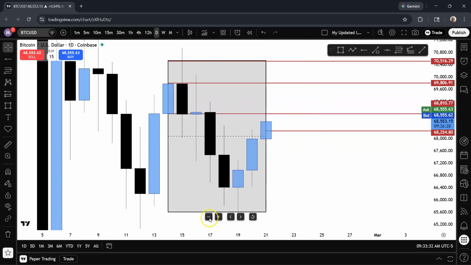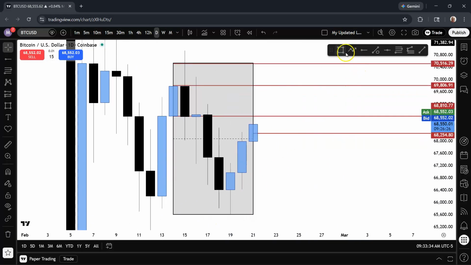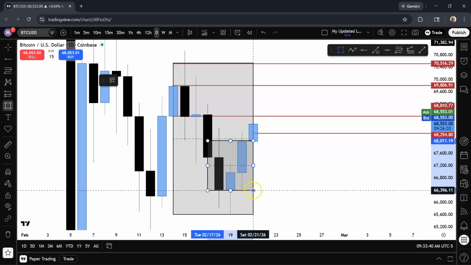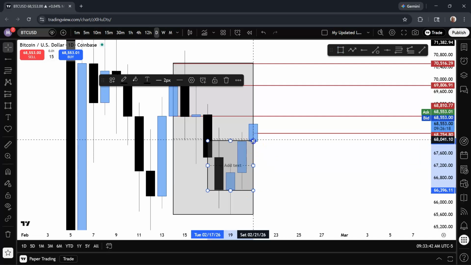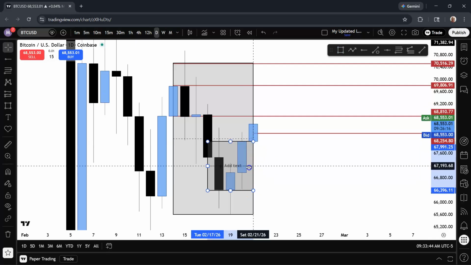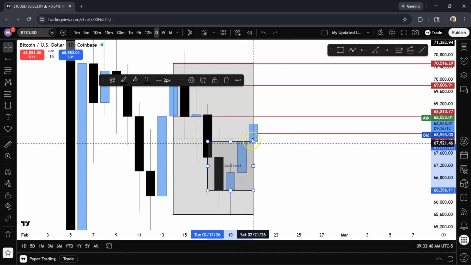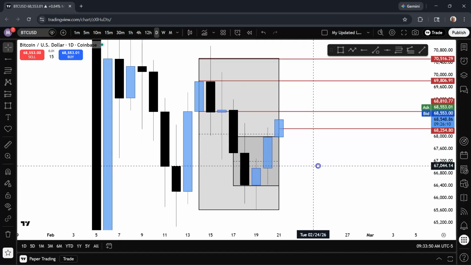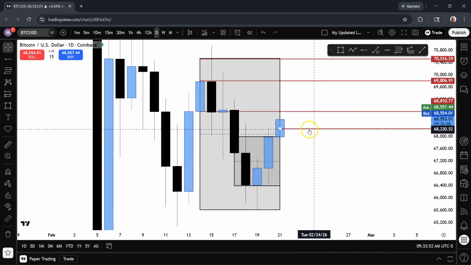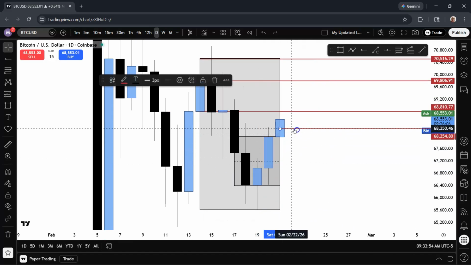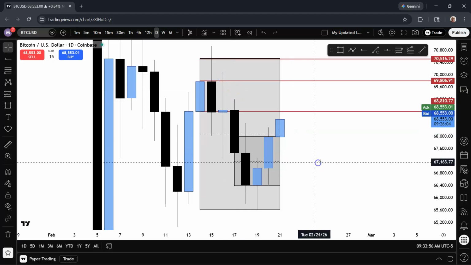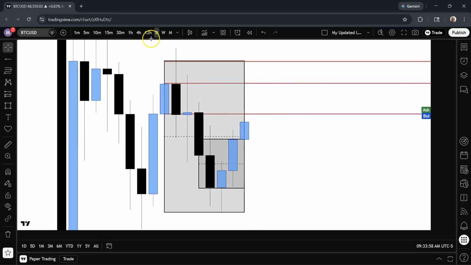Whenever you see this pattern right here, it's a good possibility the market will continue to go up. So I noticed this pattern right here. So now what I'm going to do is go down to the lower time frames and take this off here. Go down to the lower time frames and see what's going on.